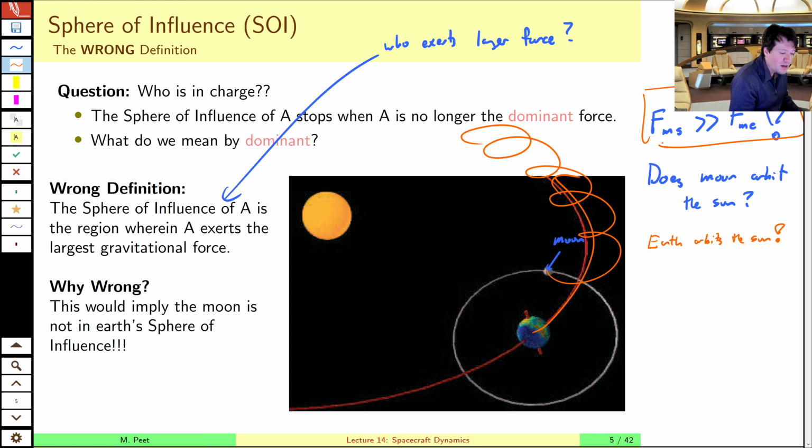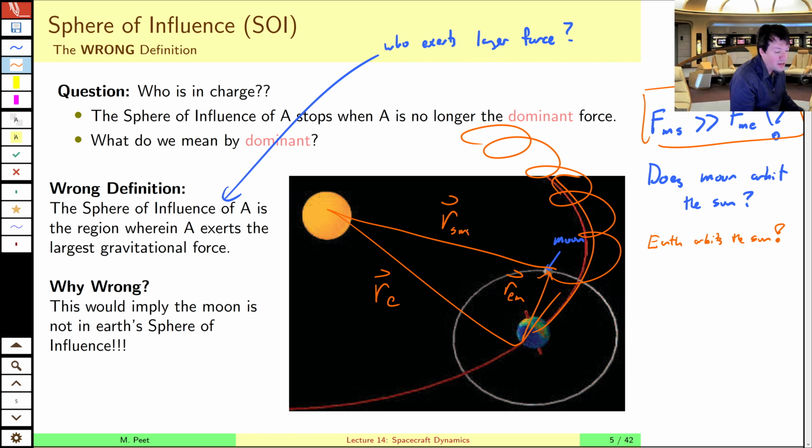If we wanted to actually model the motion of the moon about the sun, we could just take the position of the Earth, which we know pretty well, and then add the vector of the moon with respect to the Earth, and get this.